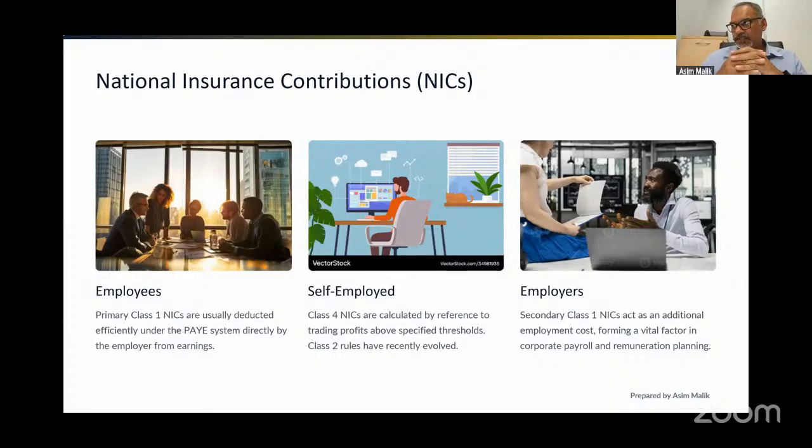So they introduced dividend taxation, which has got its own rates, by the way. They're not taxed at 20, 40, or 45%, it's 8.75, 33 and 39%. But basically it's broadly covering the National Insurance element, which would otherwise be payable if the person is taking salary instead of dividends.